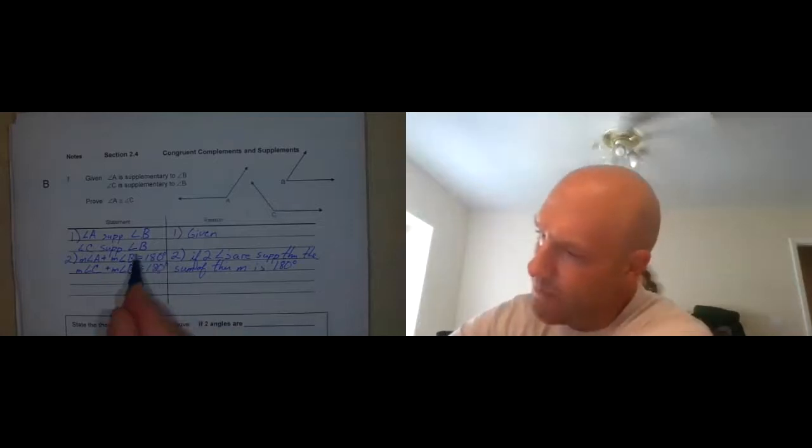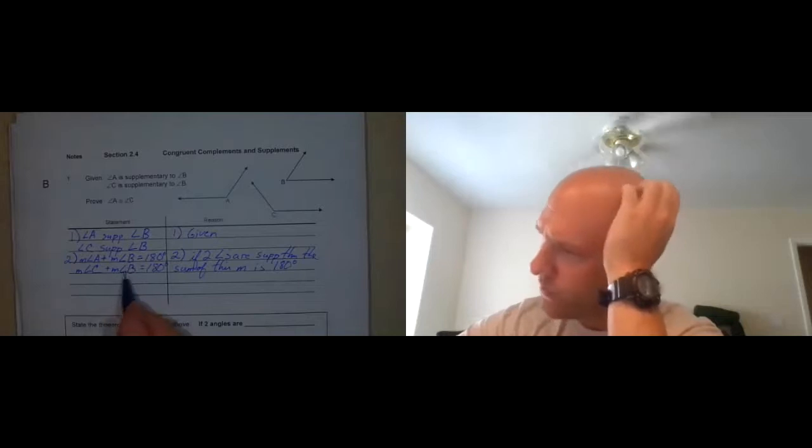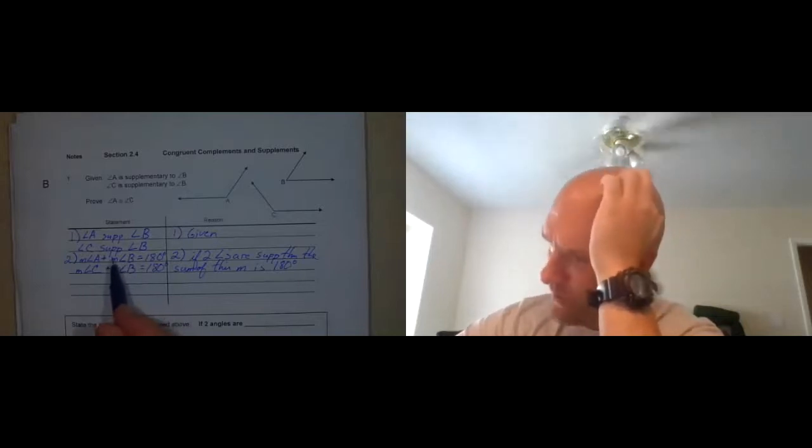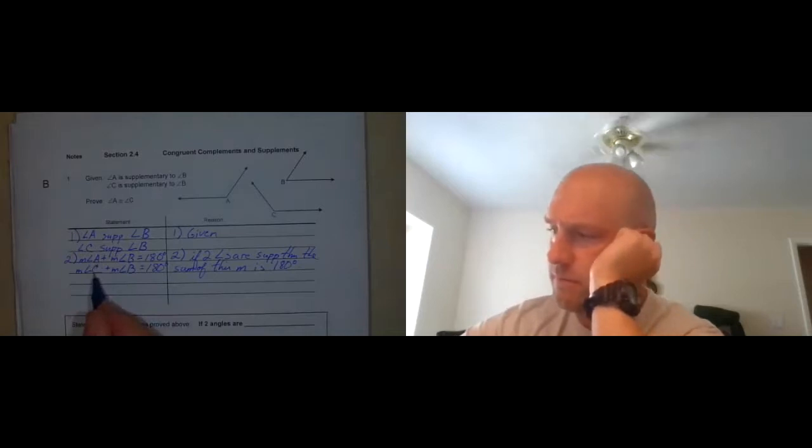Now, from an algebraic standpoint, what would happen if I were to subtract these two equations from one another? Then I would get the measure of angle A minus the measure of angle C plus the measure of angle B minus the measure of angle B. Ooh, those would kind of go away. Equals 180 minus 180 equals 0.